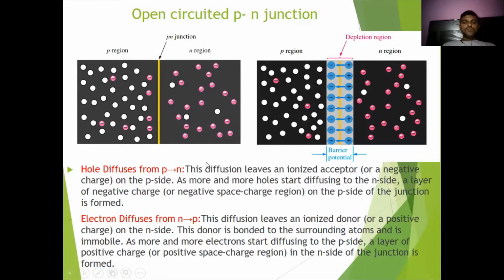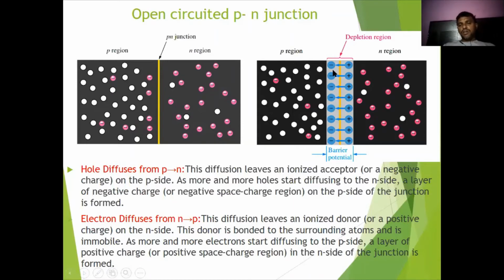This diffusion leaves an ionized acceptor, or a negative charge, on the P side. As more and more holes start diffusing to the N side, a layer of negative charge forms. Here you can observe more and more holes are moving from the P type to the N region.